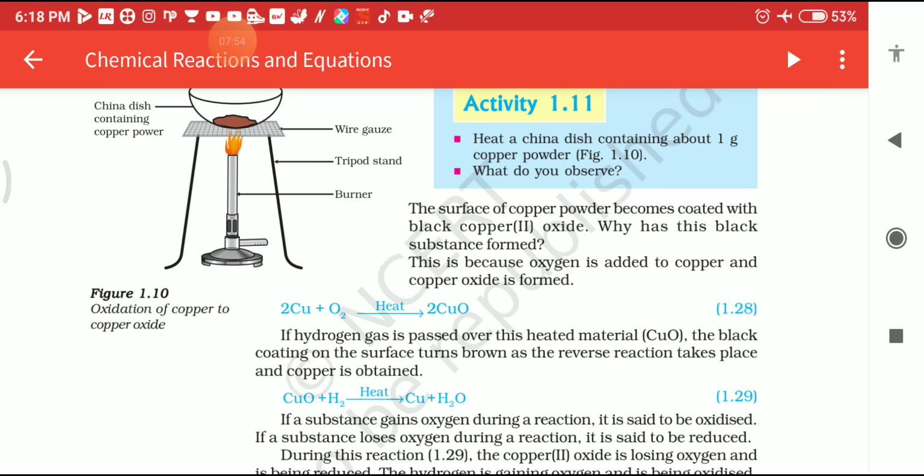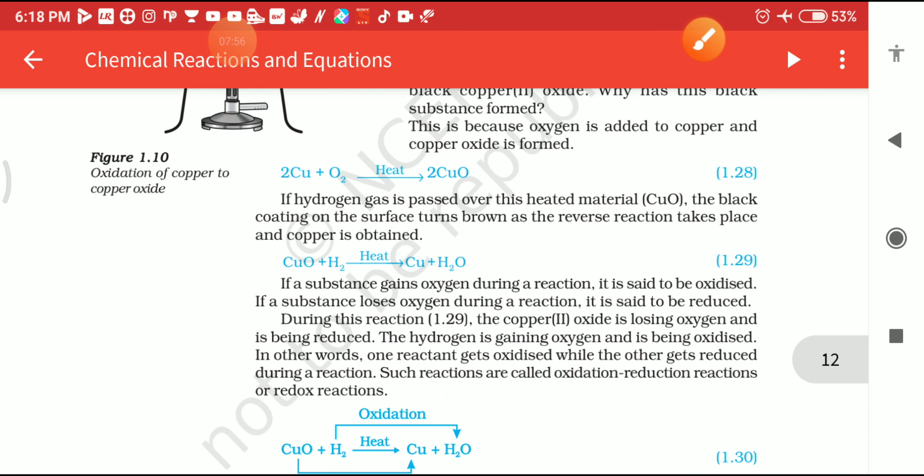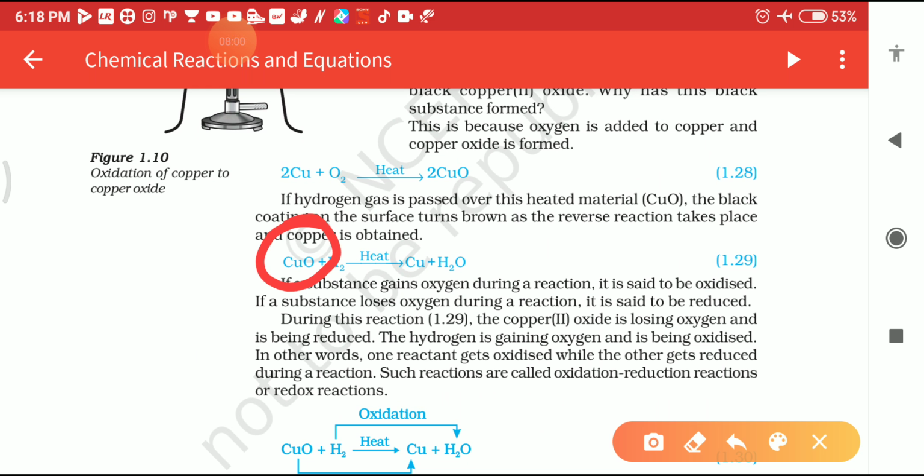Students, copper oxide means oxygen is in contact with copper.